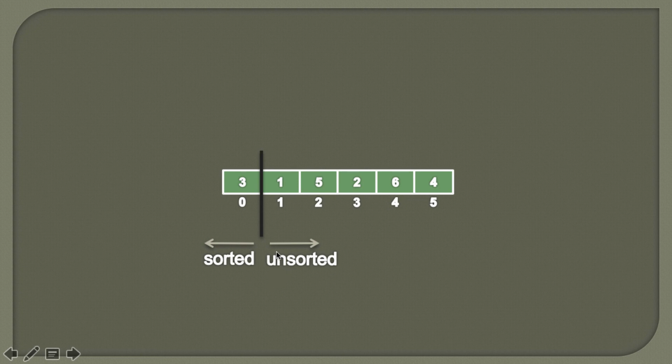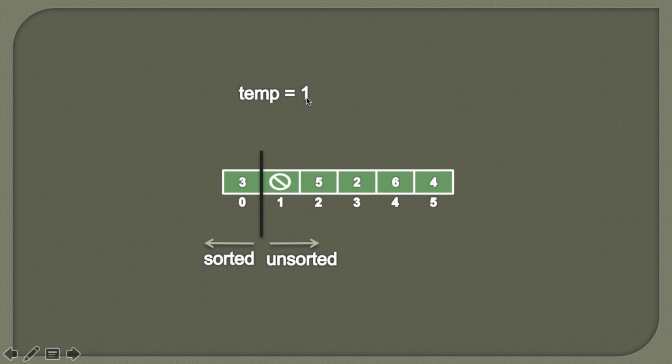So now, from the unsorted part, we pick the first element, which is 1. We store this element in a temporary variable. As soon as we store this element in a temporary variable, we provide a hole here, meaning this part is empty.